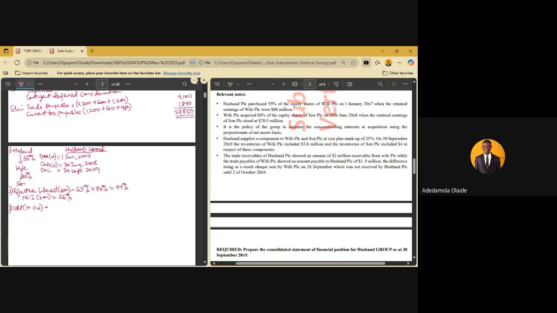The unrealized profit will be 25 over 125, don't forget, markup to margin, multiplied by the inventory they had of it, 3.8 million. That will give us 760,000. We debit the retained earnings of Husband, which is the seller, and credit the consolidated inventory.